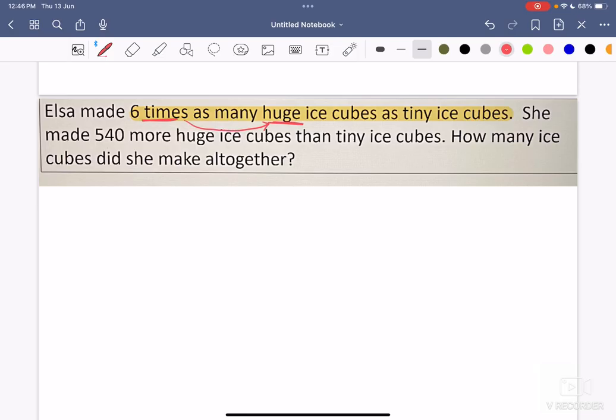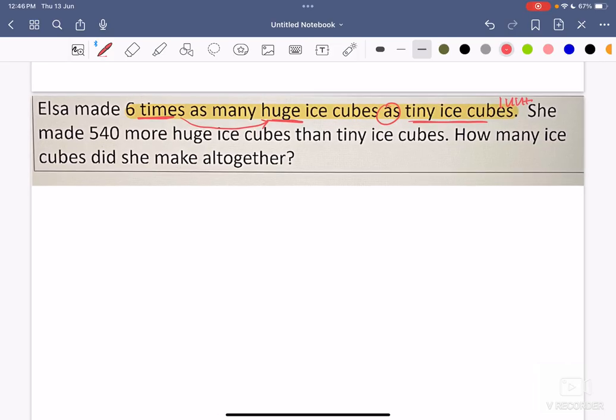So the question is referring to the huge ice cube having 6 units, while the tiny ice cube will only have 1 unit. Okay? Continue. She made 540 more huge ice cubes than tiny ice cubes.